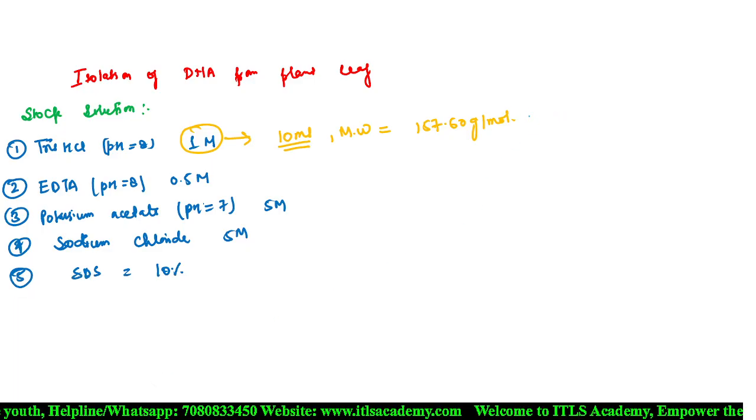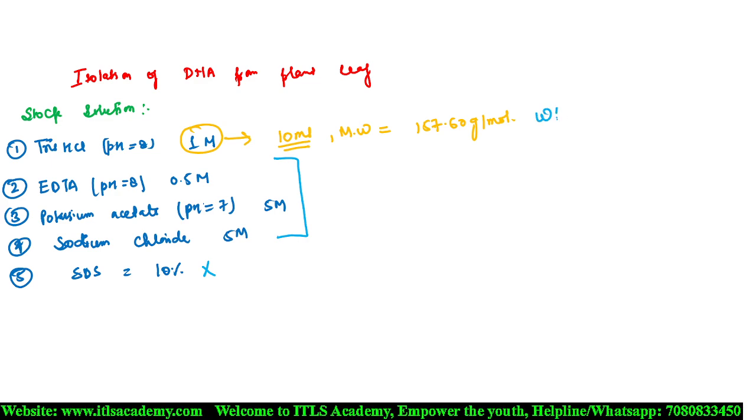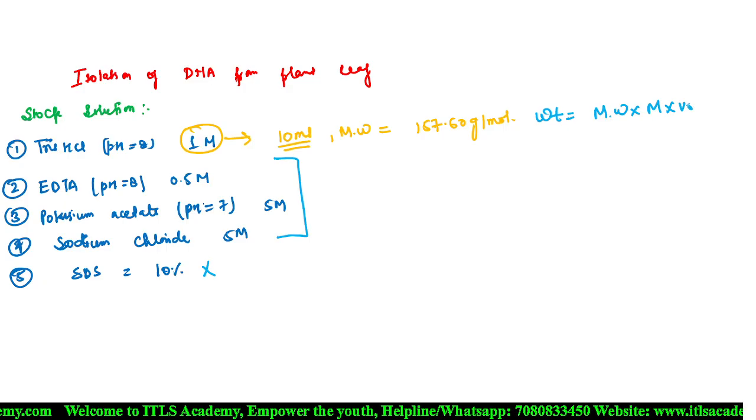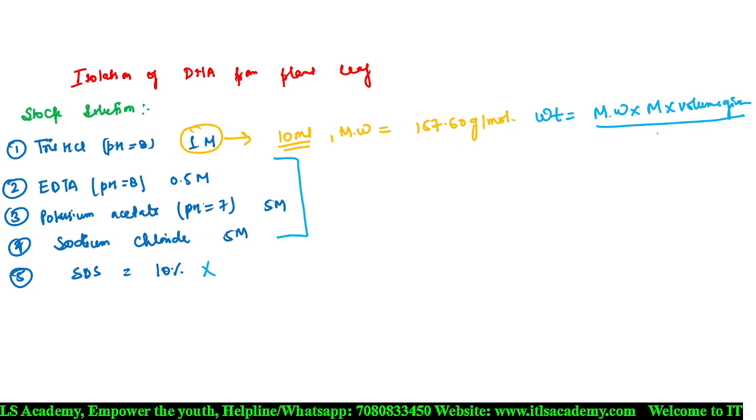Simply we use this formula for the preparation of all these solutions. Weight is equal to molecular weight multiplied by molarity multiplied by volume given. And if the volume is given in ml, then we have to divide by 1000.